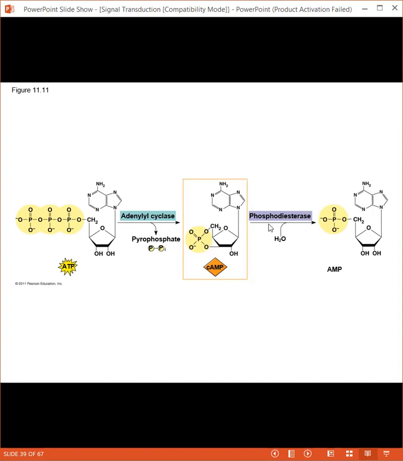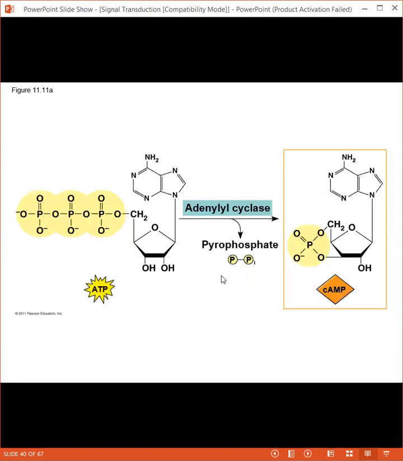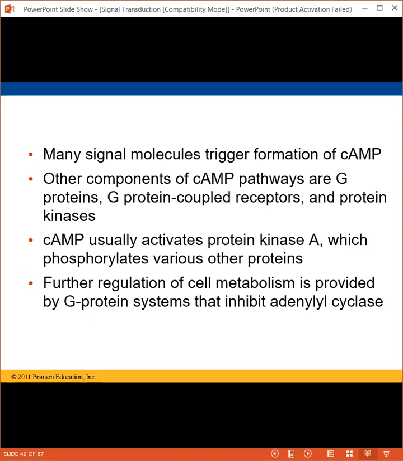Another enzyme in the next step, phosphodiesterase, can cleave this bond and produce the AMP molecule, adenosine monophosphate. So this is the reaction mechanism. Now, many signal molecules trigger the formation of this kind of second messenger, that is cAMP. cAMP usually activates protein kinase A. During this signal transduction mechanism, this second messenger activates another protein.